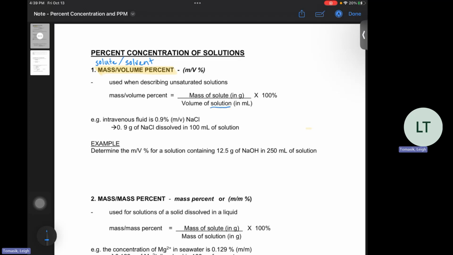They say the volume of the solution because the solute takes up space. Sometimes you don't add a full liter of water, but you add water until the volume becomes a liter. The thing we divide by is the volume of the entire solution once we're done with it.